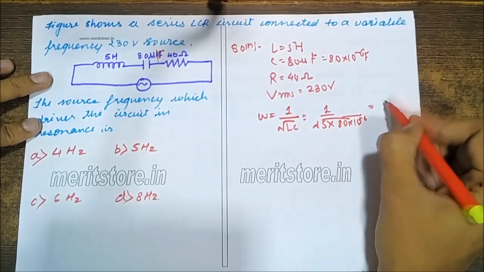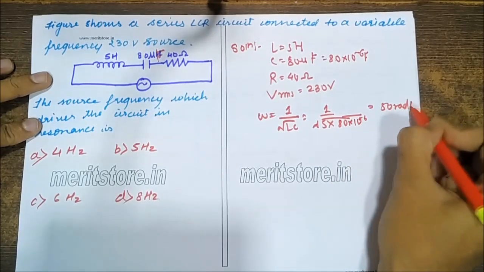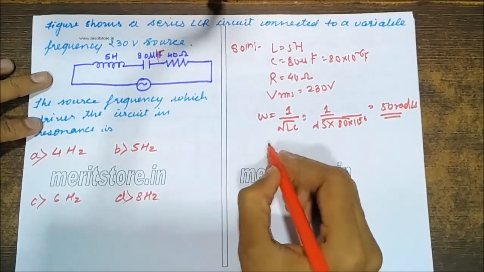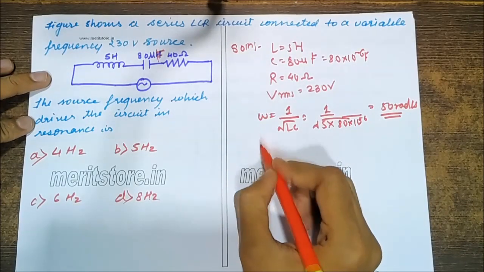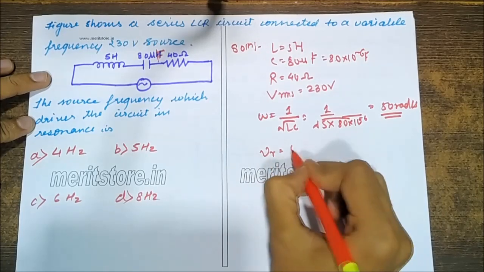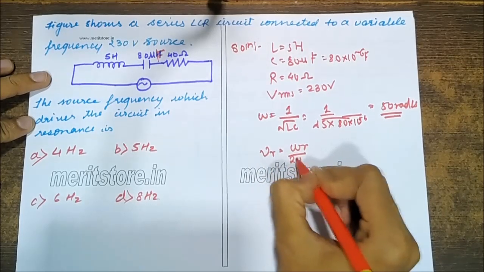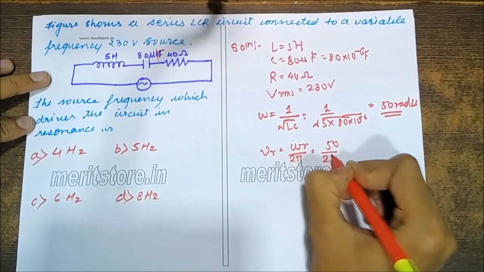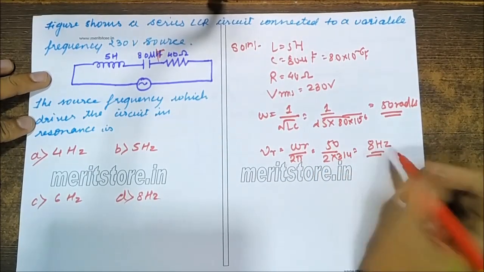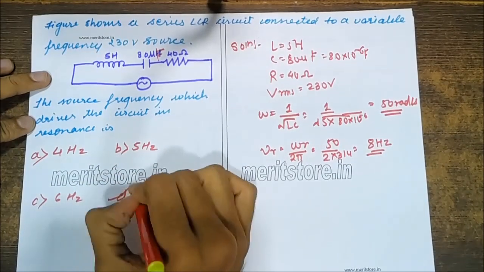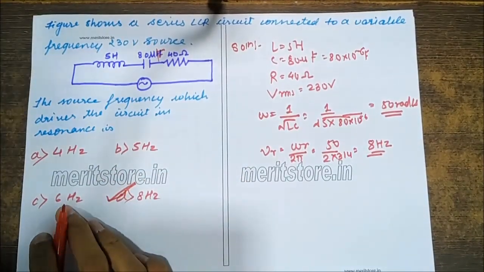This gives a value of 50 radians per second. Now the source frequency which drives the circuit, nu r, equals omega r upon 2 pi, where omega r is 50 upon 2 into 3.14. Solving this gives a value of 8 hertz of frequency. So D is the correct option, 8 hertz.